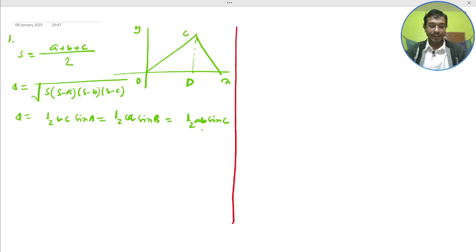Next, radius of circumcircle R of triangle ABC. Suppose this is a circumcircle with the triangle.